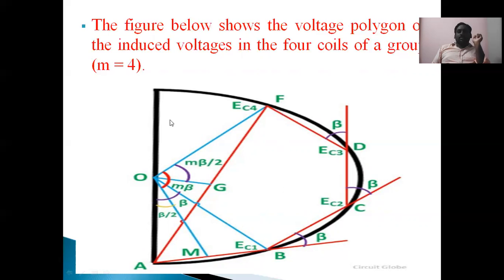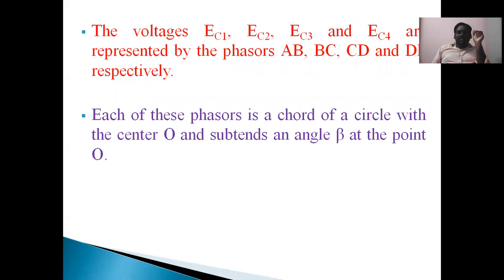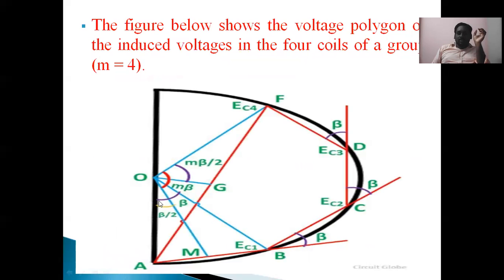These are voltage phasors of the individual coils, and each of these phasors AB, BC, CD and DF is a chord of a circle with center O, subtending an angle beta at the point O. With AB, BC has beta; with BC, CD has beta; with CD, DF has beta. The angle means the phase difference between these phasors.